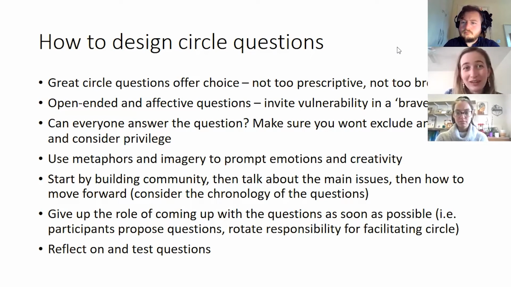Even if it's just a relationship building circle, but with multiple rounds, making sure that you're asking for slightly more vulnerability each round. So you're going deeper and deeper in that relationship building, that invitation of vulnerability each round, not starting as deep as you can go, because that won't contribute to the kind of safe engagement for folks.